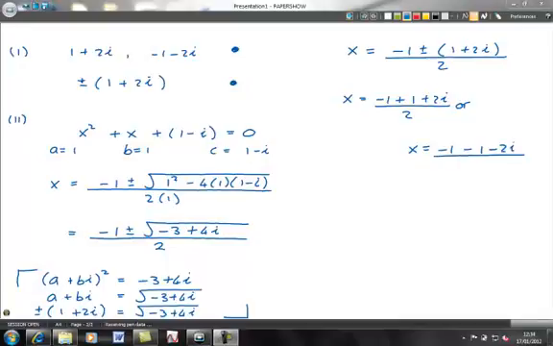Make sure you watch your signs there. So your two answers: x equals i, or x equals minus 1 minus i. And I'd be inclined there to say that x is equal to 0 plus i. Just give your answer in the form that they ask. Okay, so that's the A and the B part. Fairly straightforward stuff, and you'd have seen it before in other exam questions.